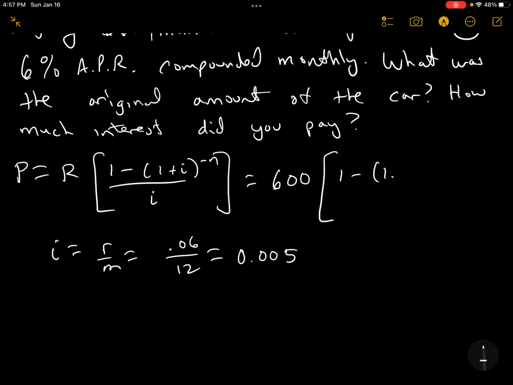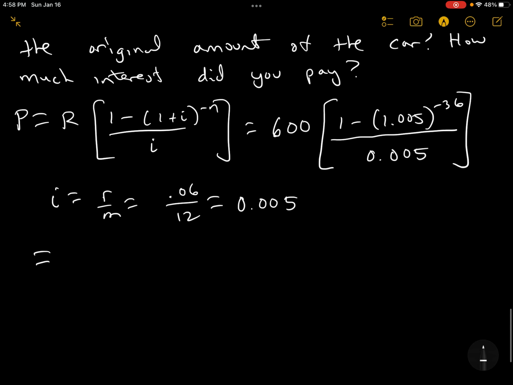So this is (1 - 1.005^(-36)) all over 0.005. You plug all this into your calculator and you get $19,723.